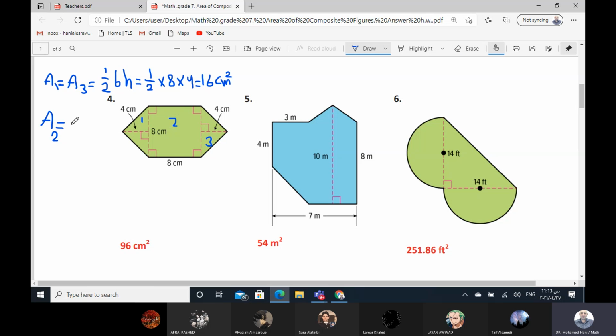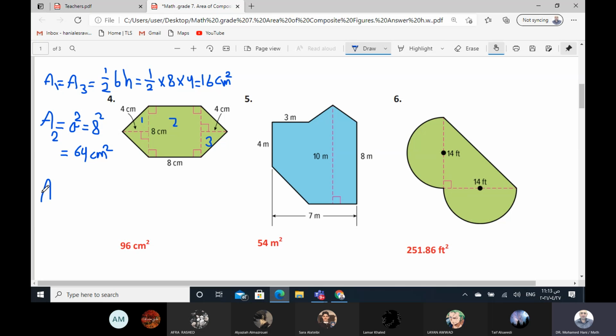So the area of the square is a squared. The side will be 8, so 8 squared. 8 squared means 8 times 8 means 64 centimeter squared.